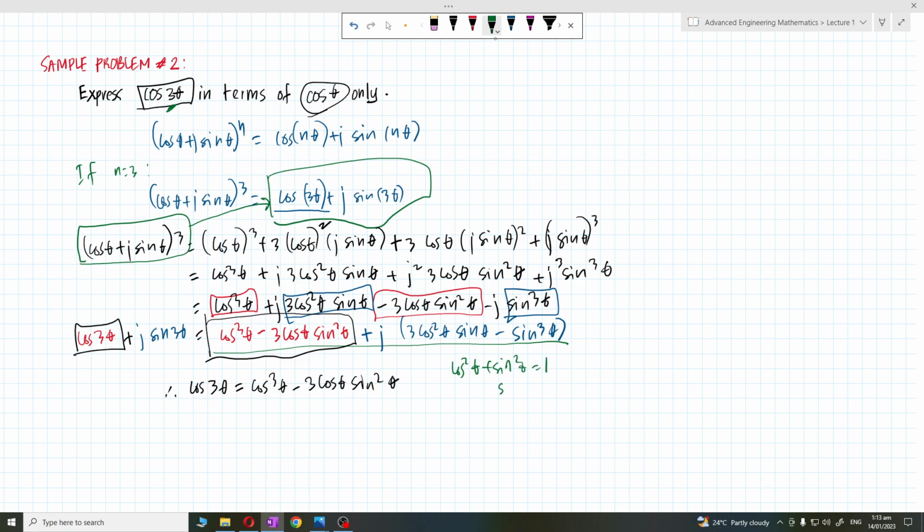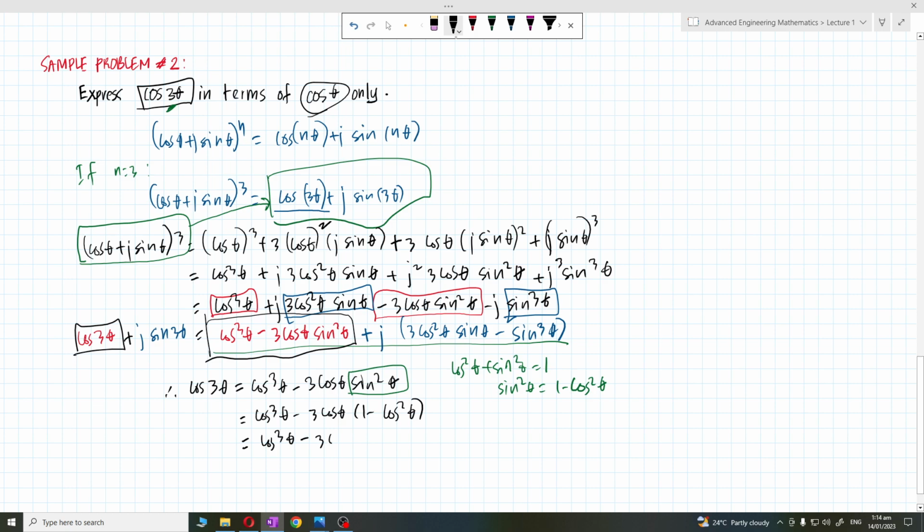So that means the equivalent expression for sine squared theta is 1 minus cosine squared theta. So rewriting this part, the expression will become cosine cube theta minus 3 cos theta times quantity 1 minus cosine squared theta. Distribute the negative 3 cos theta.